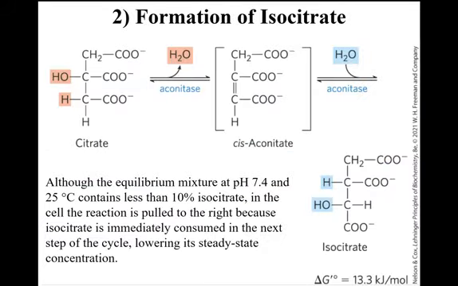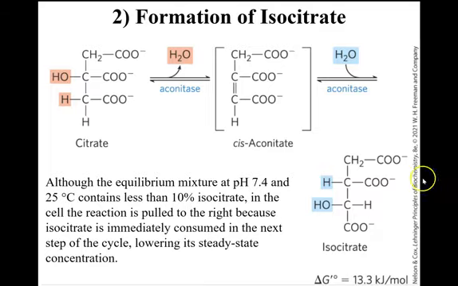The second step is the formation of isocitrate. Although the equilibrium mixture at pH 7.4 and 25 degrees Celsius contains less than 10% isocitrate, in the cell the reaction is pulled to the right because isocitrate is immediately consumed in the next step of the cycle.